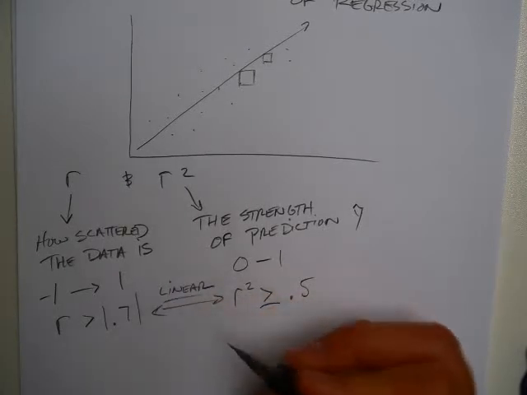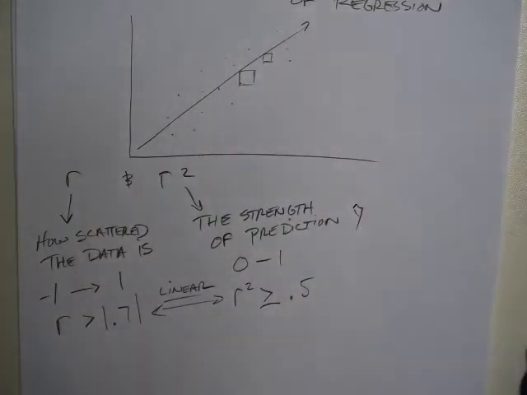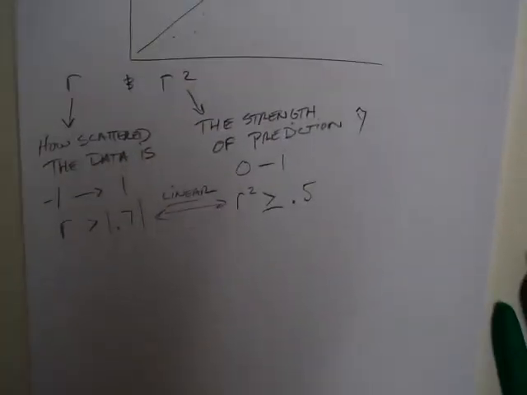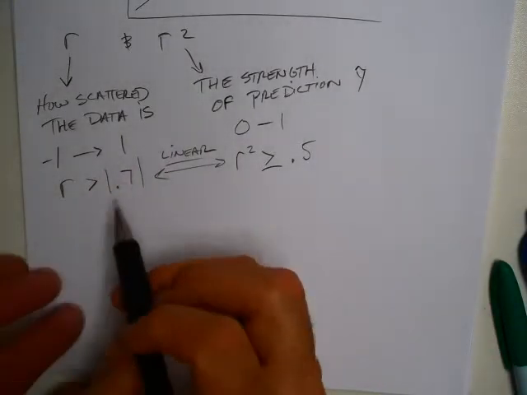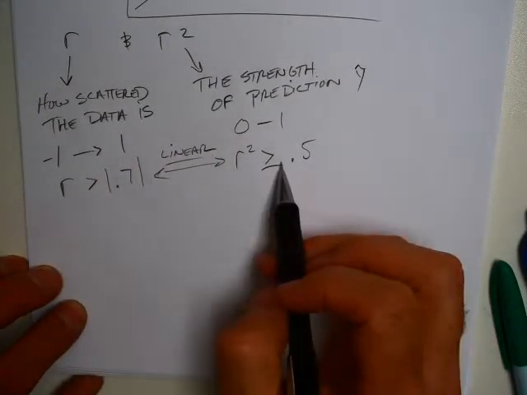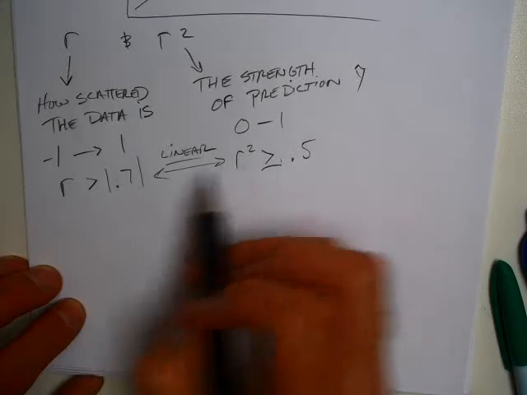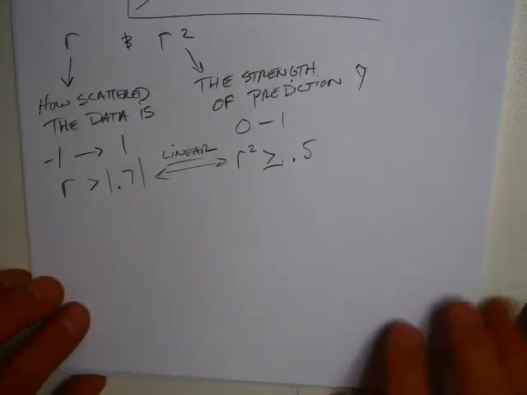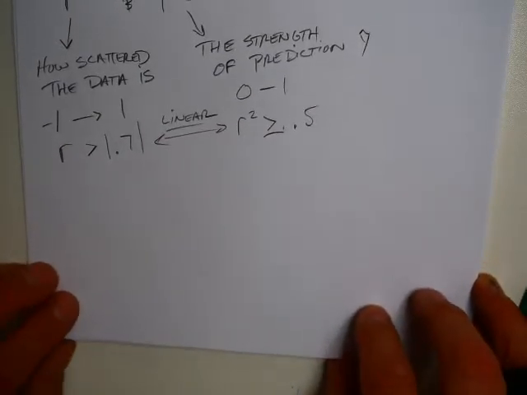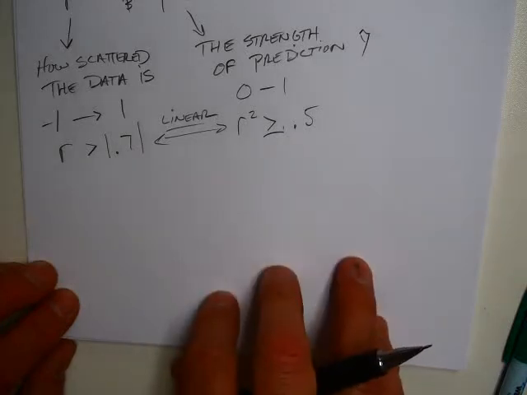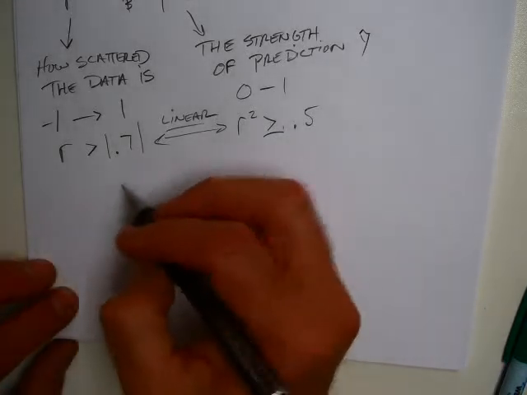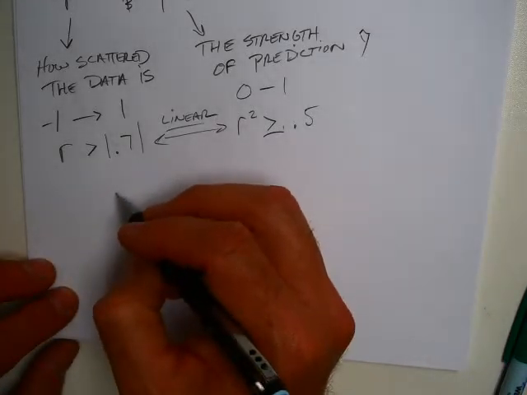The book will say that it's linear, but there's really a third thing to look at. And here's the deal. If this is true, then that's true. If this is true, then that's true. So you don't really have to check both. It's just if one or the other is true, you can say your stuff is linear.